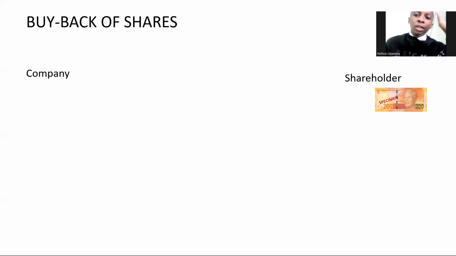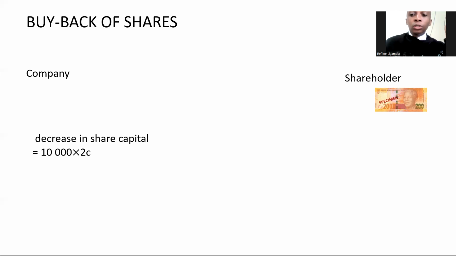However, please note that your share capital will decrease by the original amount of the shares that was received. In this case, in a perfect world, it should decrease by 200 Rand when those shares are bought back. But because we have bought so many shares throughout the year, it's hard for us to find out what each share cost.